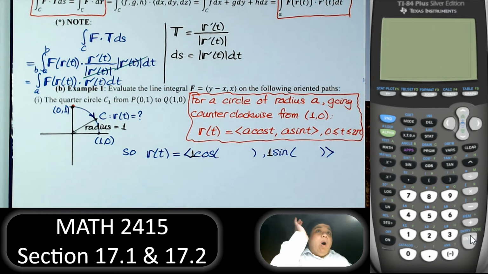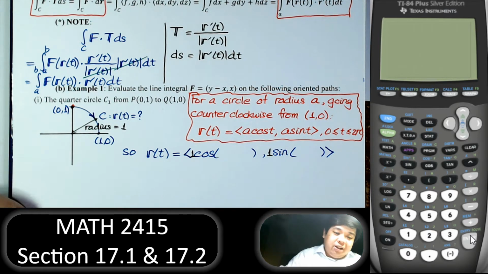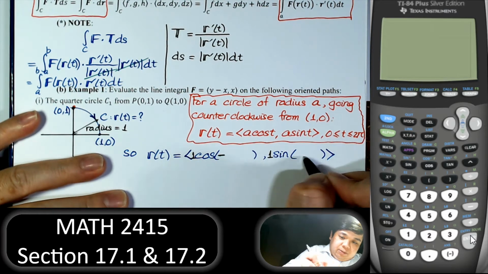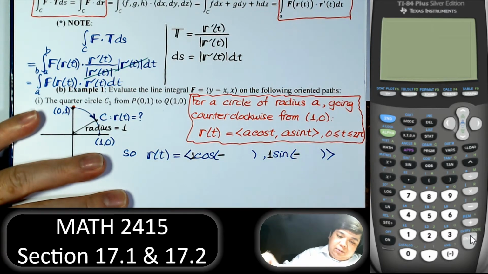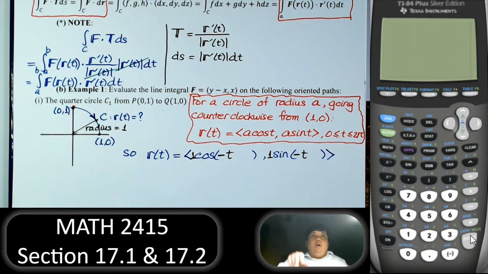Now, we want this to go counterclockwise. I'm sorry, we want this to go clockwise. So in that case, we have to throw in the negative, and it will go clockwise, pretty much opposite to counterclockwise.